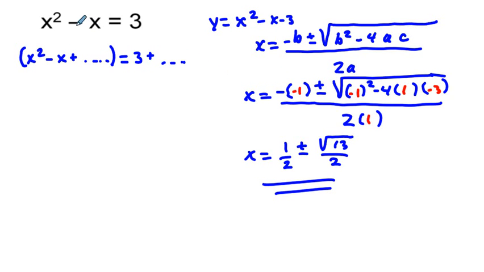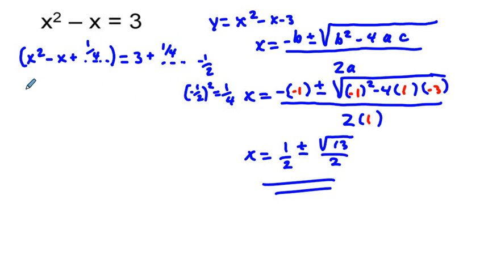You take the coefficient of x, which is -1, and divide that by 2, then square it. Taking this -1/2 and squaring it, you get 1/4. So 1/4 is the number we add on both sides of this equation.